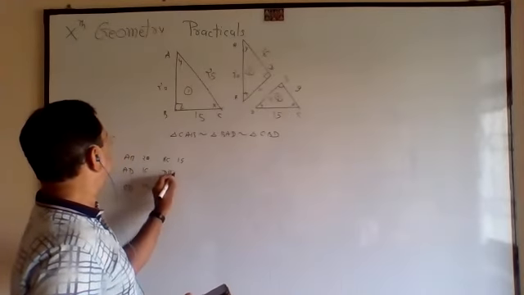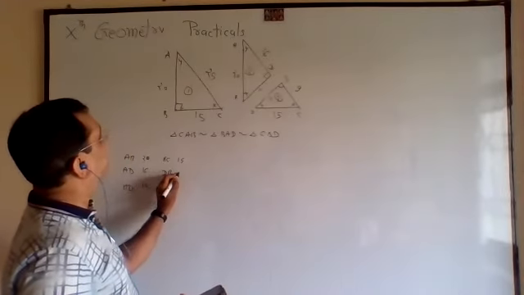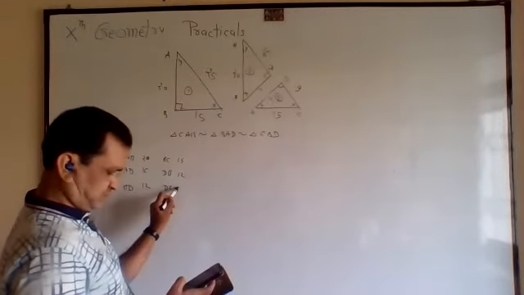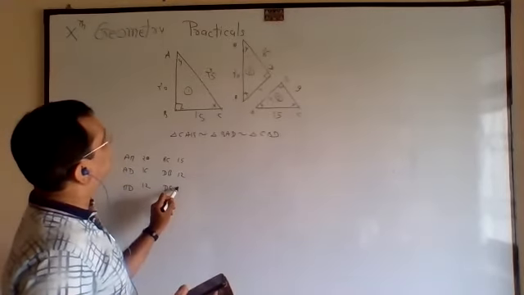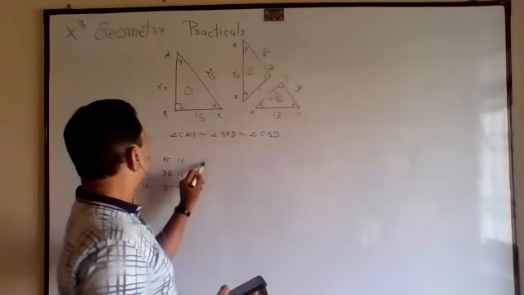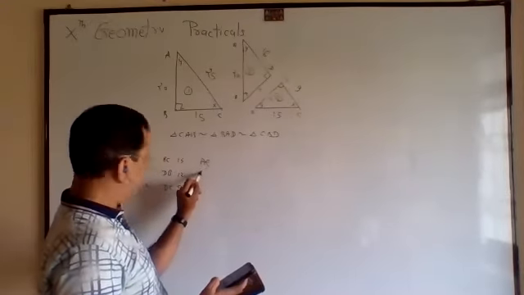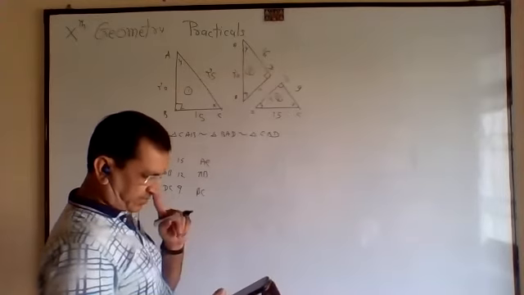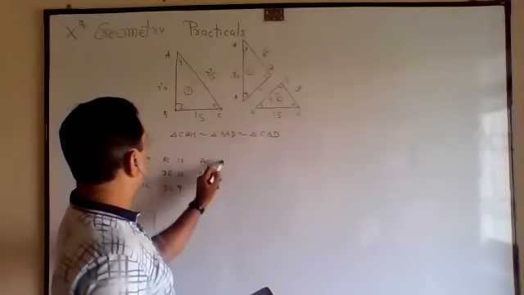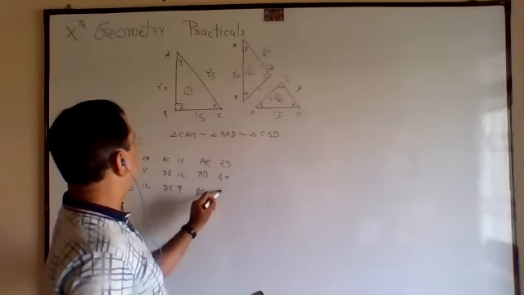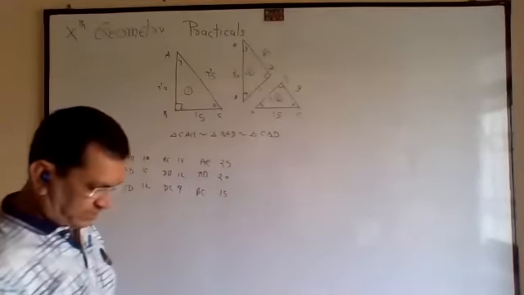DB, DC. AC. This segment is given, you just write the number. AC how much? 25. AB how much? 20. BC how much? 15.